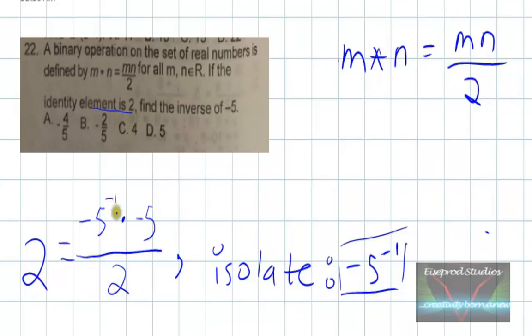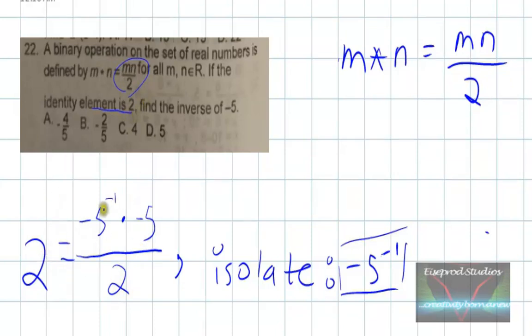So we can write that over here. I have negative 5 here, and then I have the inverse of negative 5 here. So I just took it to the negative 1 for an exponent. And then the operation tells us that we want to divide by 2, so I divided by 2. They already told us what the answer is going to be. The identity element has to be 2.